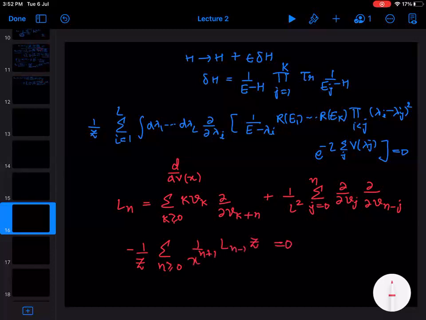So all these are equivalent ways of deriving a loop equation.